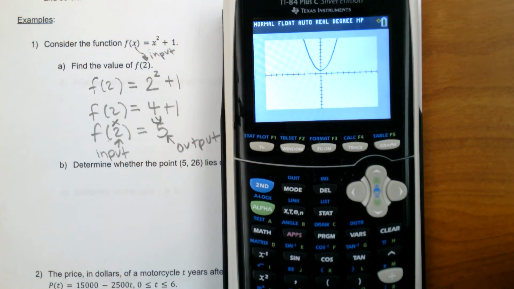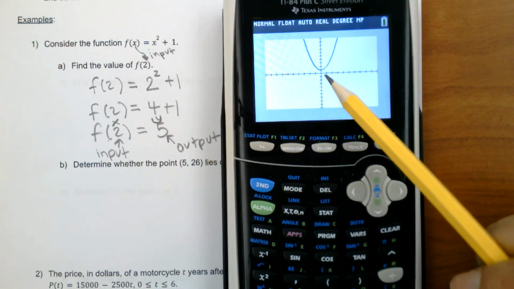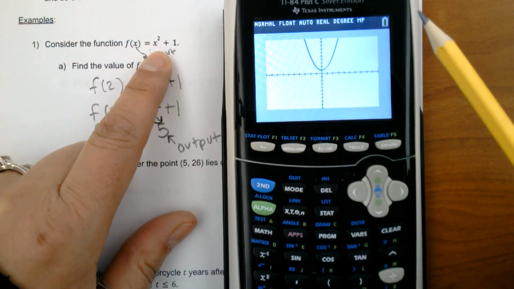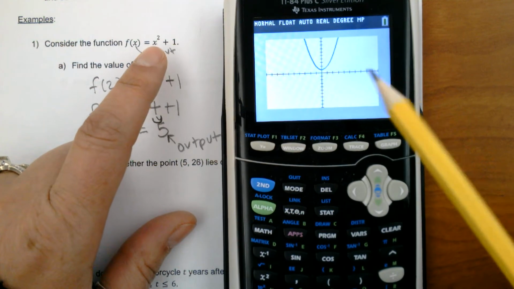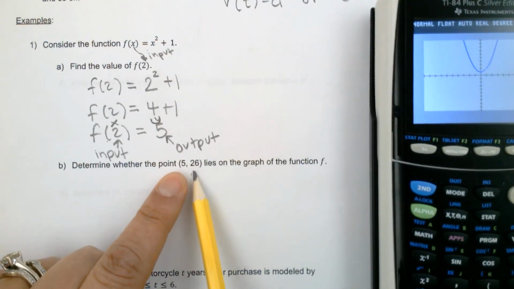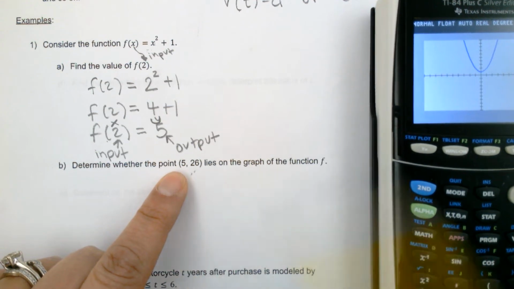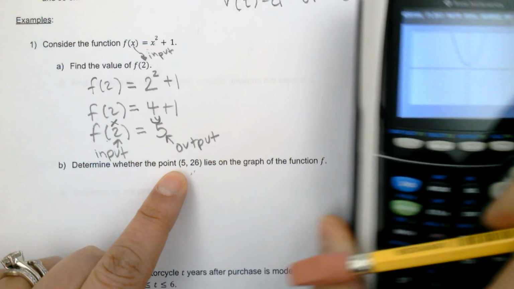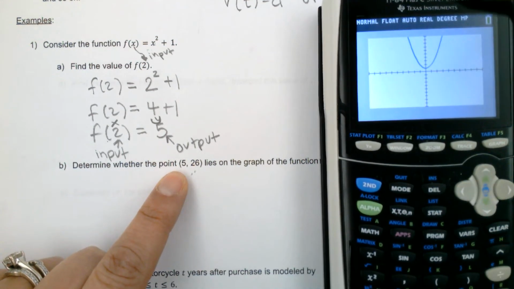Oh, very nice, okay. So here's the graph of f of x equals x squared plus 1, that's what it looks like. Now what they're saying for this question is, does this point, (5, 26), lie on this blue curve? So if we went all the way over to 5, and then all the way up to 26, will we still be on this blue curve here?